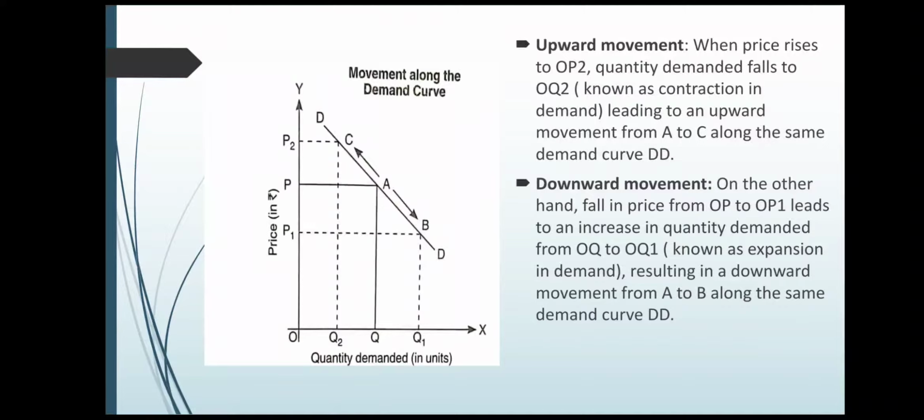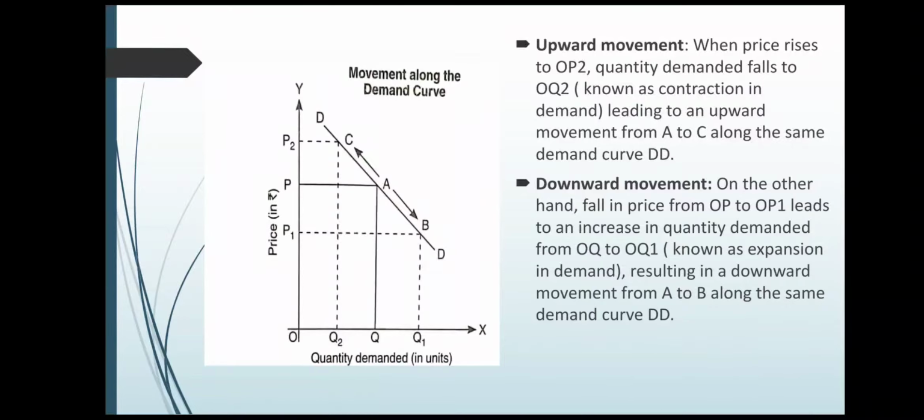So over here there is a change in price from OP to OP2, and you have already seen that whenever there is a rise in price, there will be a fall in quantity demanded. As a result, quantity demanded decreases from OQ to OQ2.